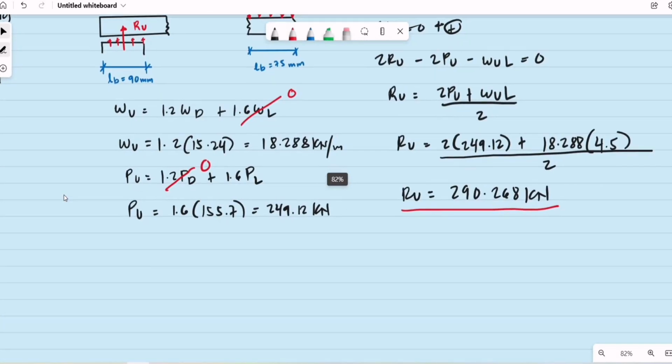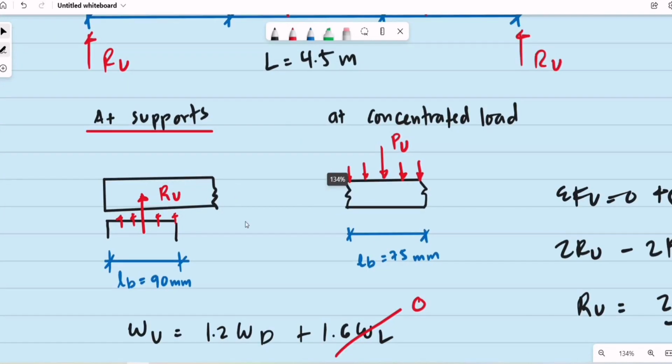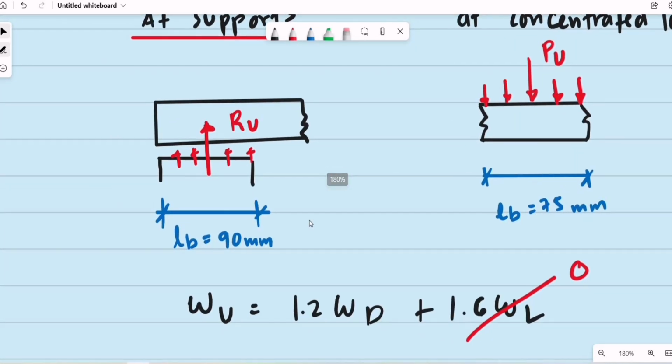So again, at supports, this will be a support reaction acting within our bearing length, which is equal to 90 millimeters.